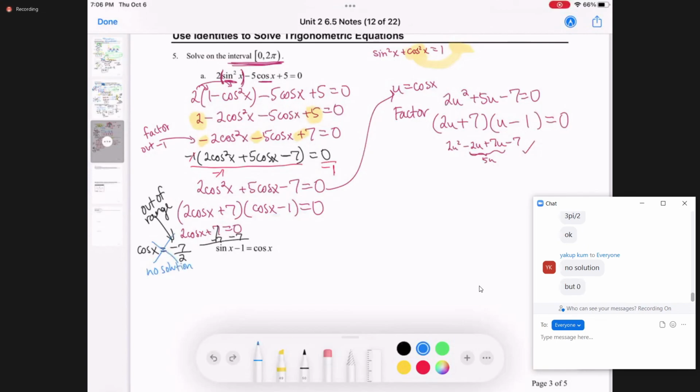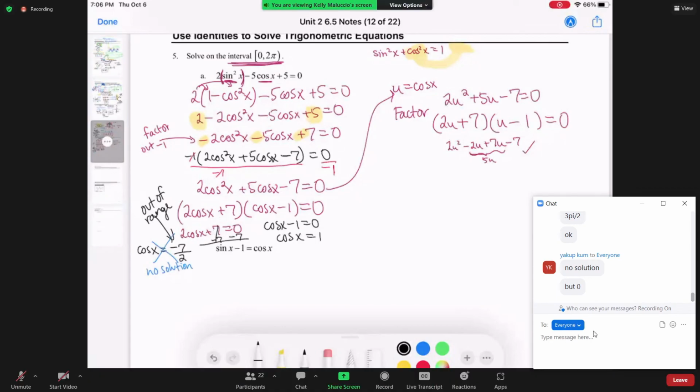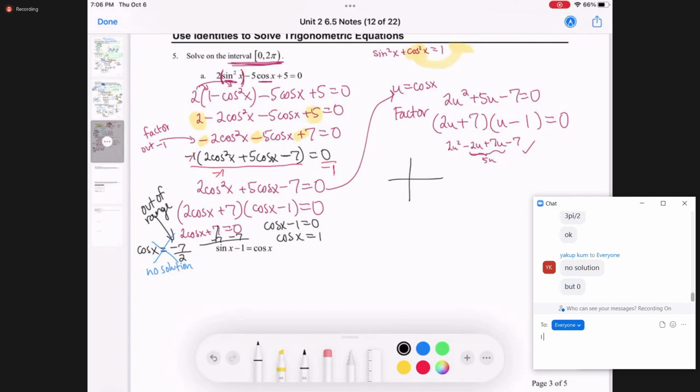So there's still hope. Now I say cosine x minus 1 equals 0, so cosine x equals 1. I know that the cosine of x is 1 at this point, so 0. At this point here, this is 1, 0. That is where cosine of x is 1, and this is x equals 0.